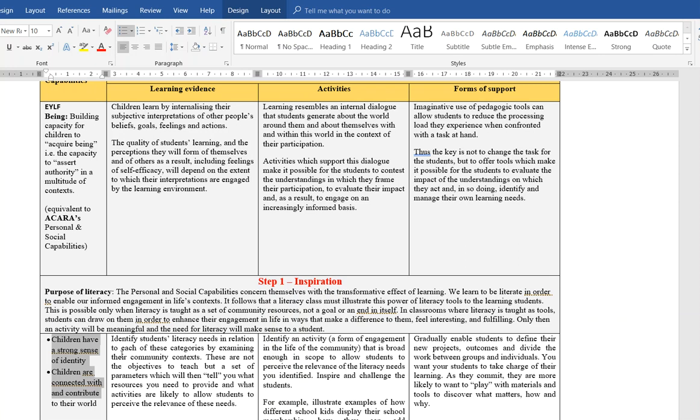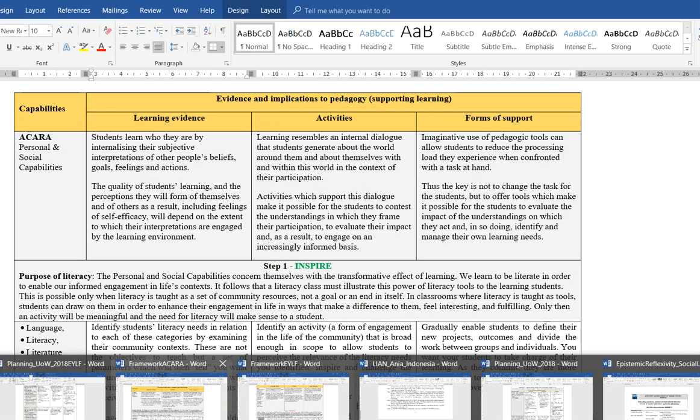So that's pretty much what I wanted to say on the similarities of these 2 frameworks. That's why I mapped them on each other, because they are very much the same.